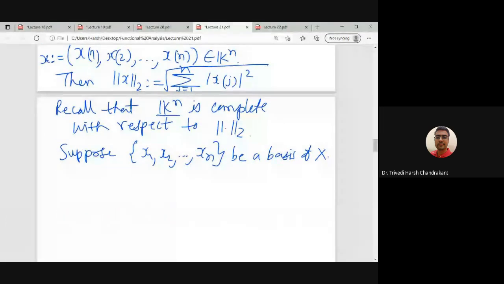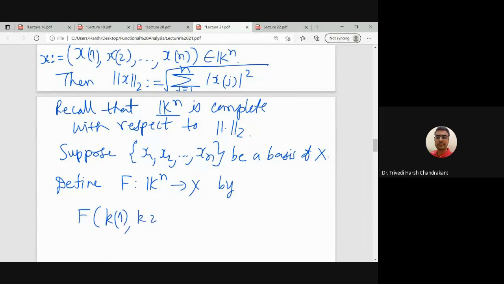So now we define a linear function f from Kn to X. So f is applied on n elements, right? So let's define it on k1, k2, ..., kn, which are the n coordinates of a vector in Kn.